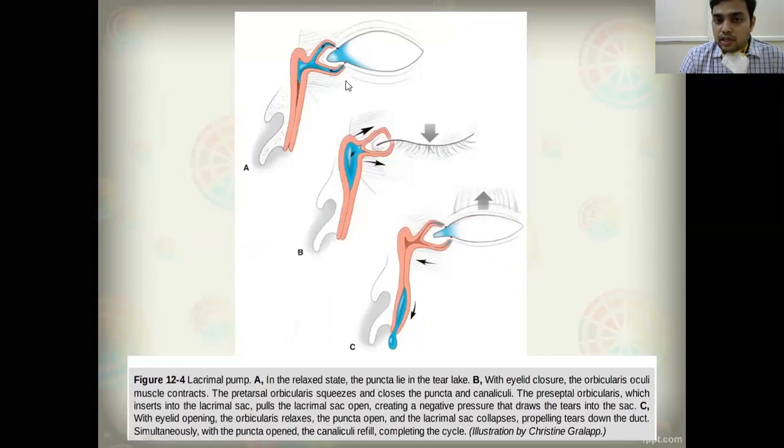Here in this picture, you can see that this is the open eye. In the open eye state, there is a contraction of the pretarsal fibers of the orbicularis muscle.